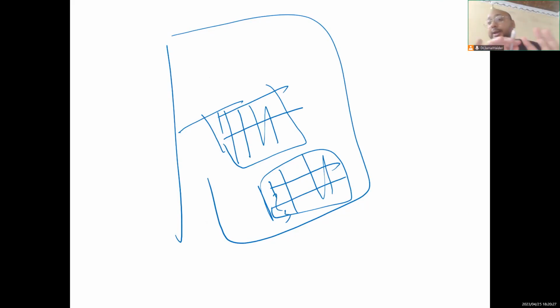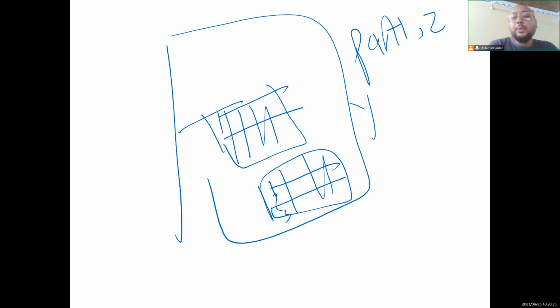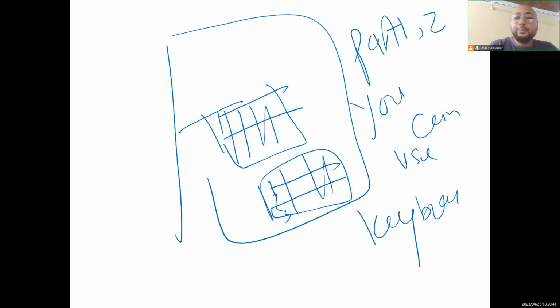All you need to do, you can type using your keyboard for part 1 and 2, because I won't be giving you much time to just write down and take a picture, convert into a file, PDF or Word file, and then send it to me. No, I will be sending you the complete file.